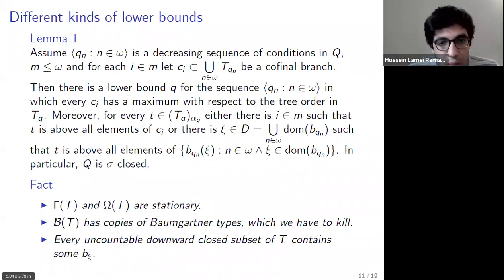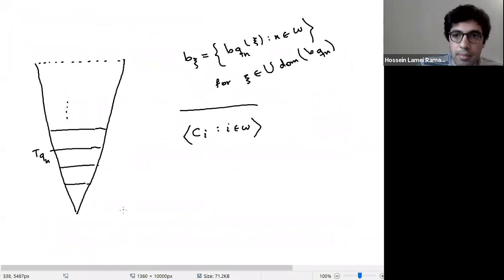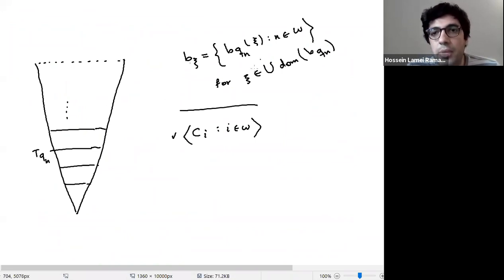So if this sequence is empty, this is very easy. We just put a top element on top of every big psi, and that's going to create a condition. If this is not empty, and these are cofinal in this tree, we're still going to be able to put some element on top of that. This is again tedious, but it's spelled out in the notes if you're interested. But this is the content of this lemma.